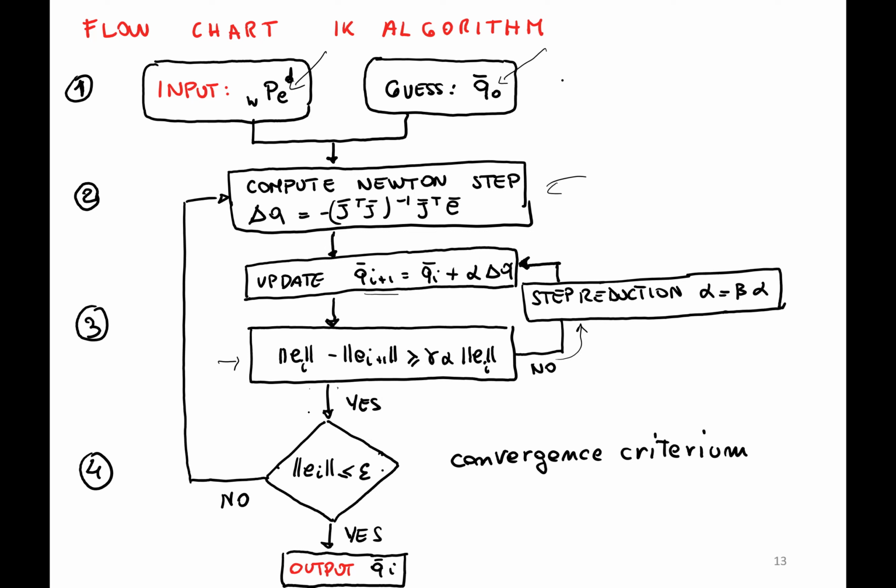And if the error is reduced, then we check if the total error is close to 0, or below a tolerance for the linear problem. And if yes, we have the output. Otherwise, we solve another linearized problem at the q i+1 configuration.